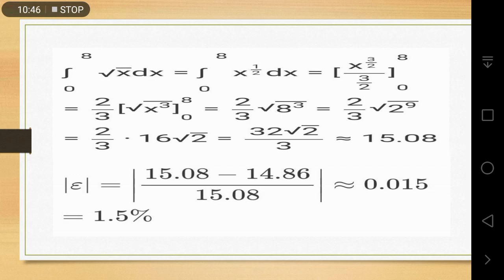So that is 2/3 times the square root of x cubed, times 8, which equals 8/3.